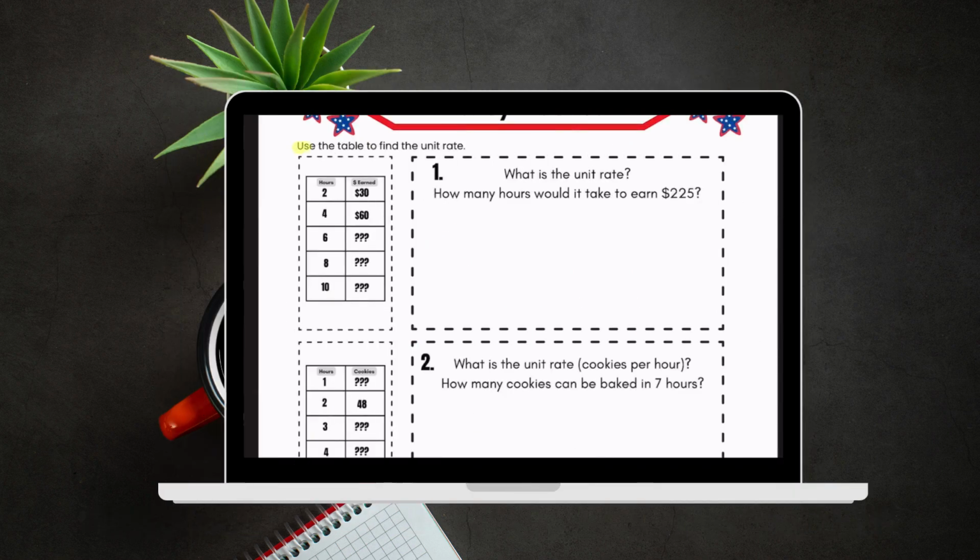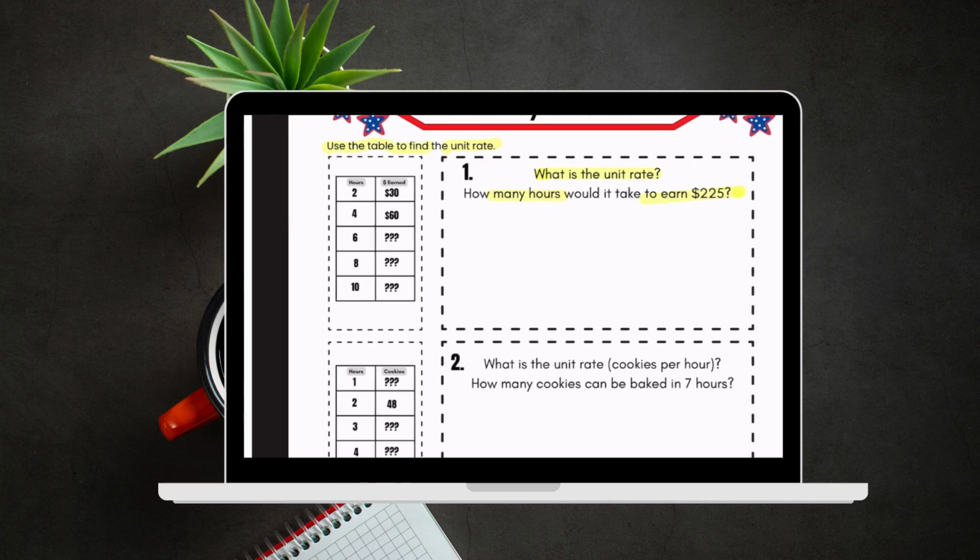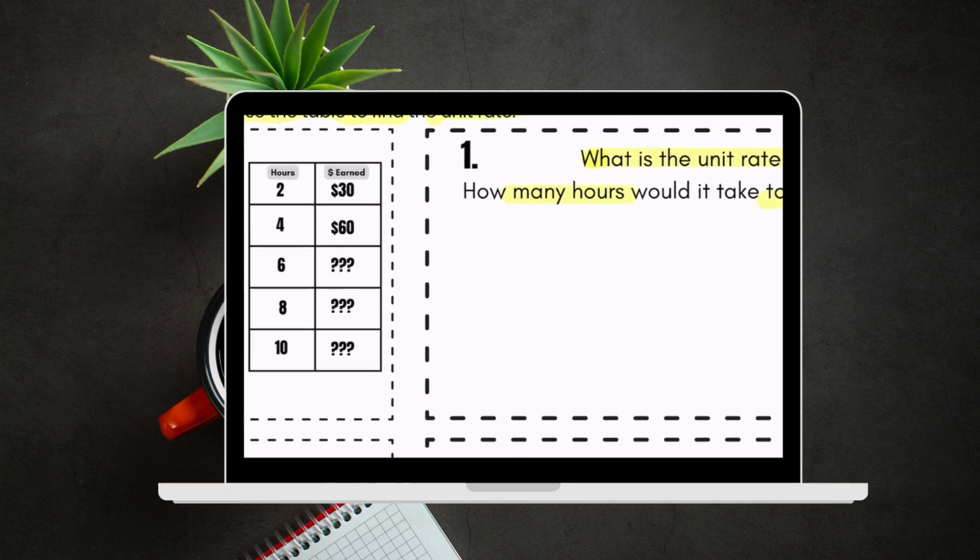Now we're going to use the table to help us find the unit rate. We have a two-part question here. What is the unit rate? And then how many hours would it take to earn $225? Let's start with, we know that we're comparing hours to dollars. I make $30 in 2 hours, so we're comparing dollars to hours. Those are my two units.